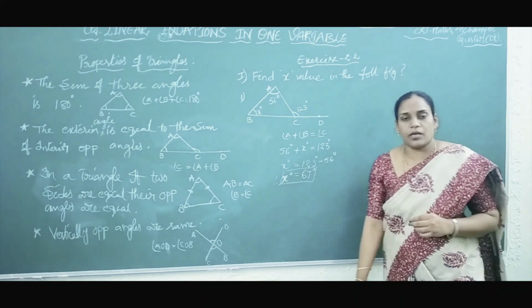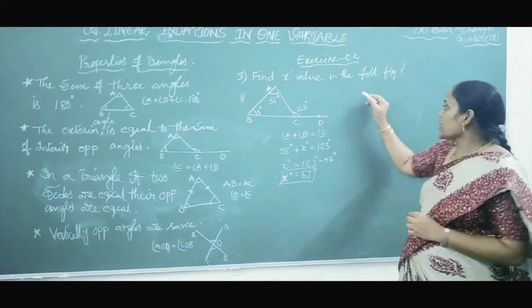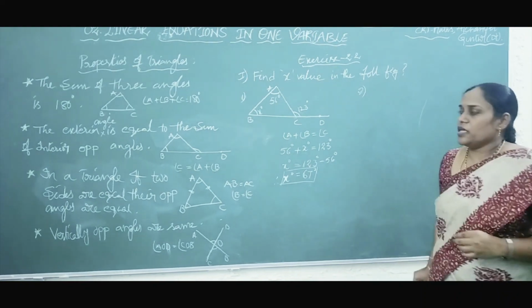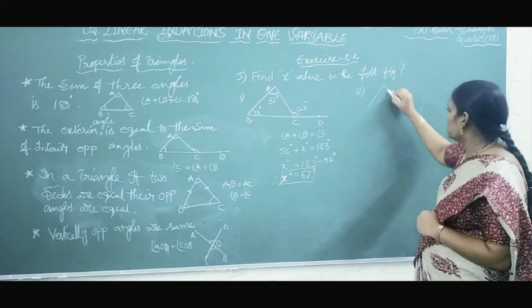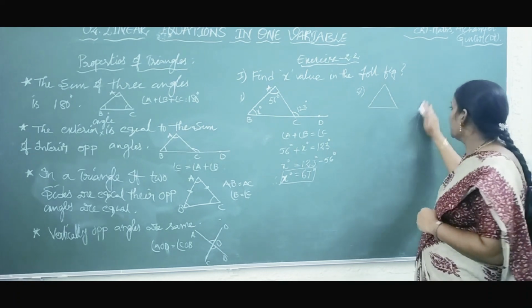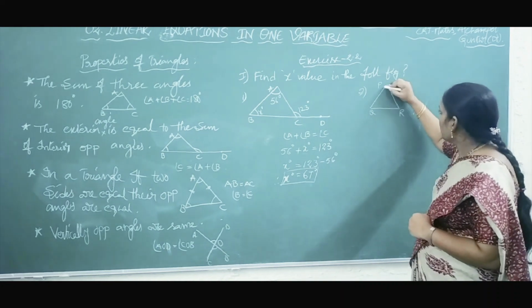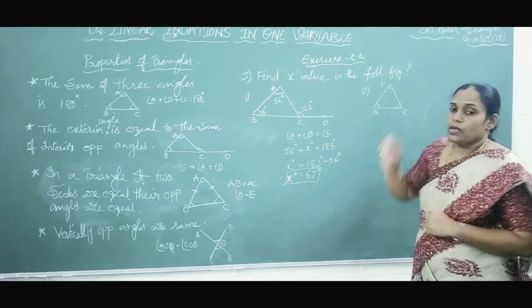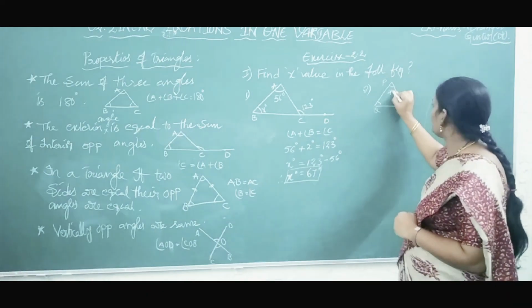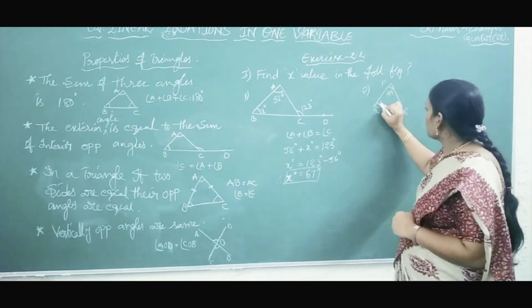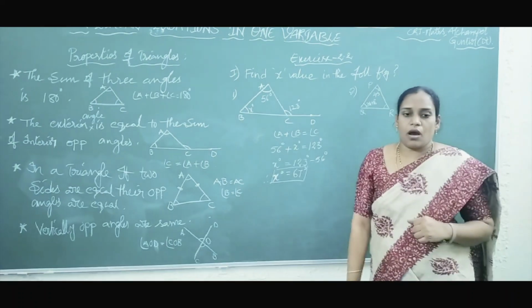See the second figure. In triangle PQR, angle P is 45 degrees, angle Q is 3x plus 16 degrees, and angle R is 68 degrees. These are the values.